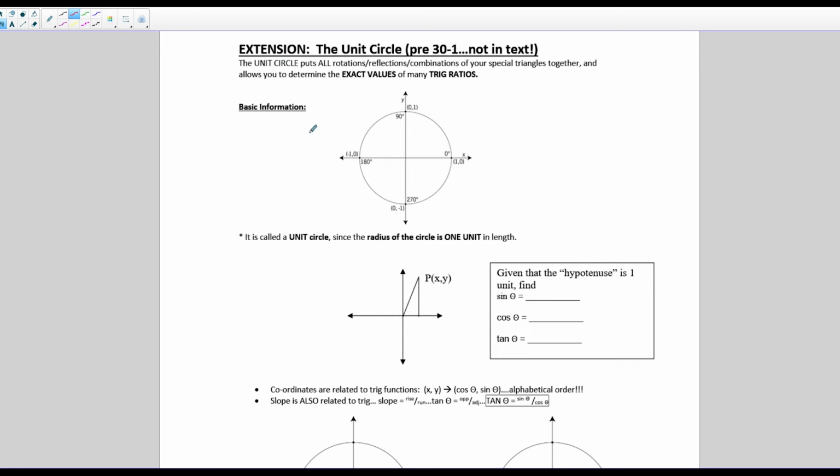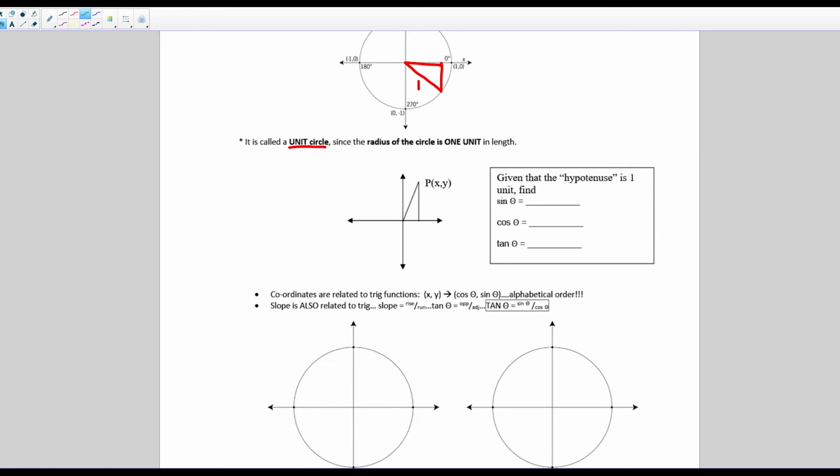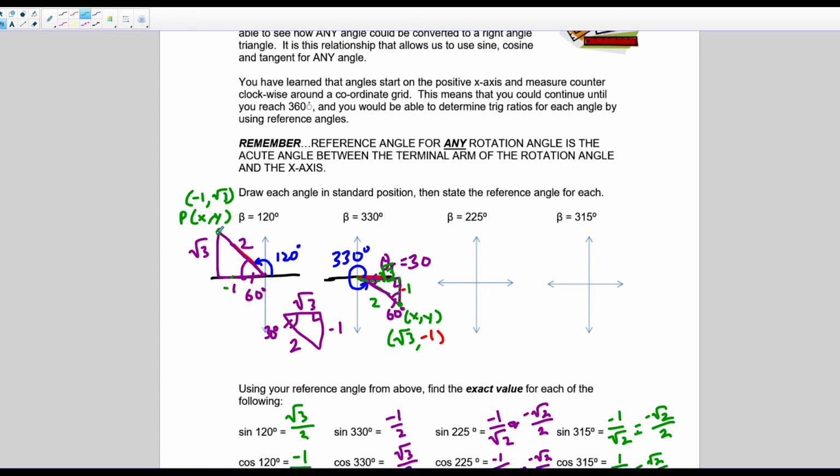Now, the reason why we call it a unit circle is because the radius of our circle is exactly 1 unit in length. So if we were looking at a triangle that looked like this, then our hypotenuse is exactly 1 unit in length. Now, going back to one of our previous pages where I talked about having a point (x, y) here, this will make things a lot more clear as to why we built things up until this point.